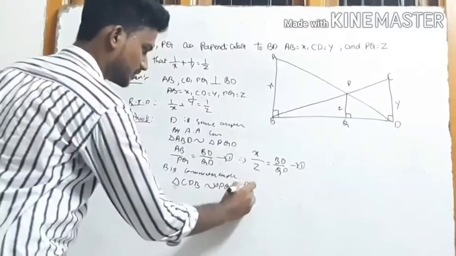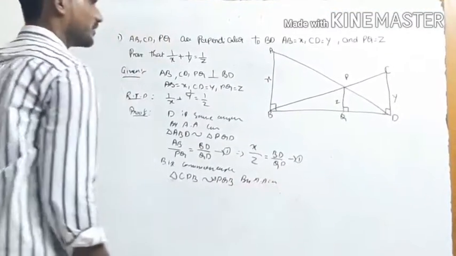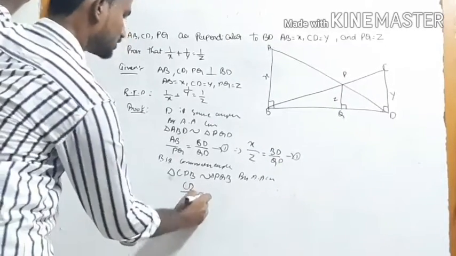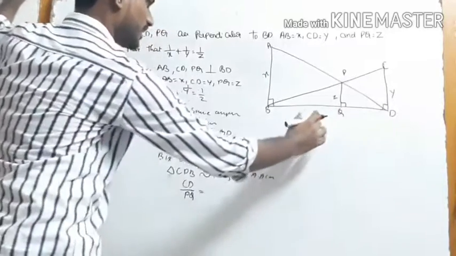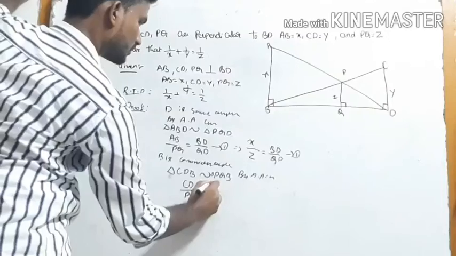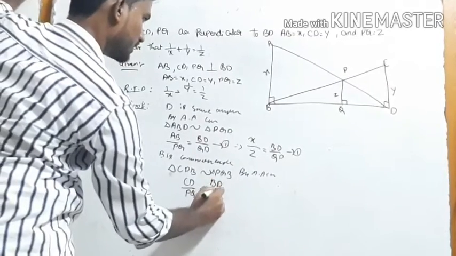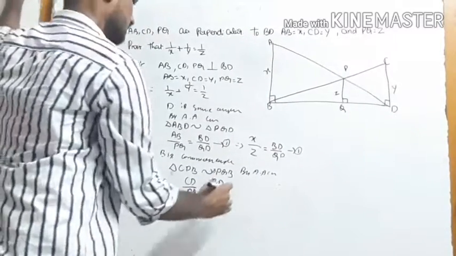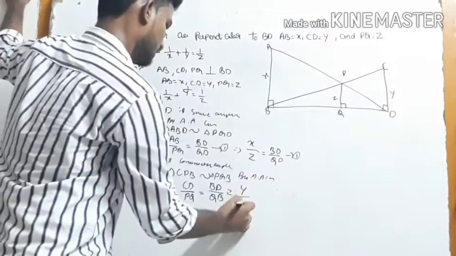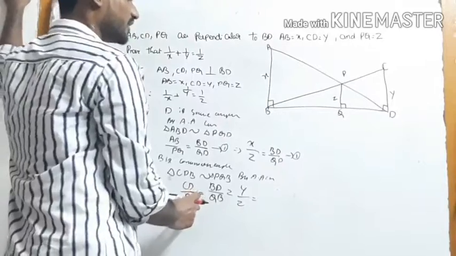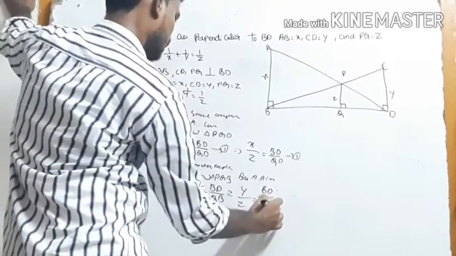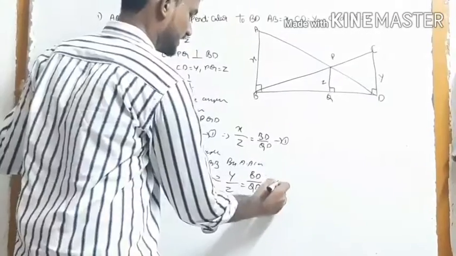By the AA criteria, triangle CDB is similar to triangle PQB, so CD by PQ equals BD by QB. Here CD is y and PQ is z. This is the second equation.